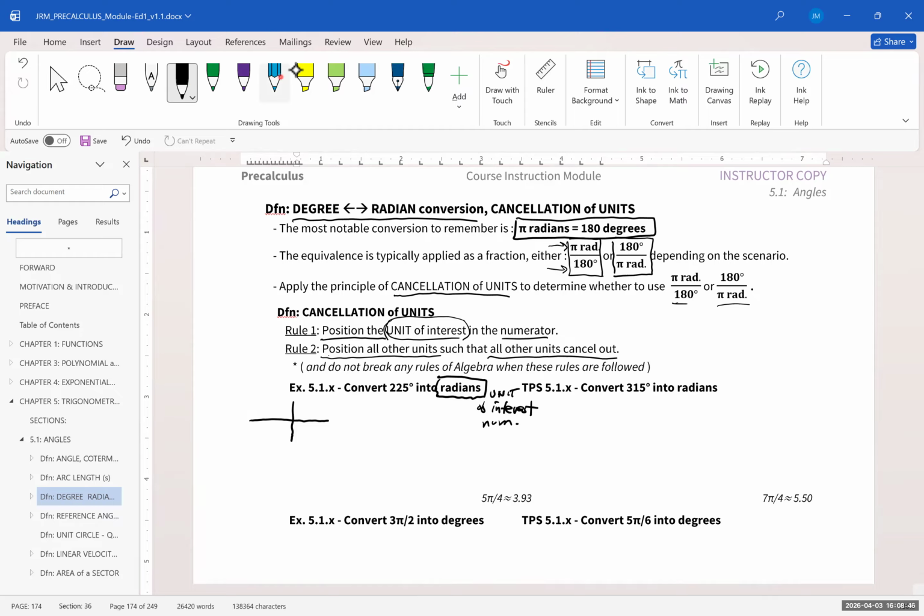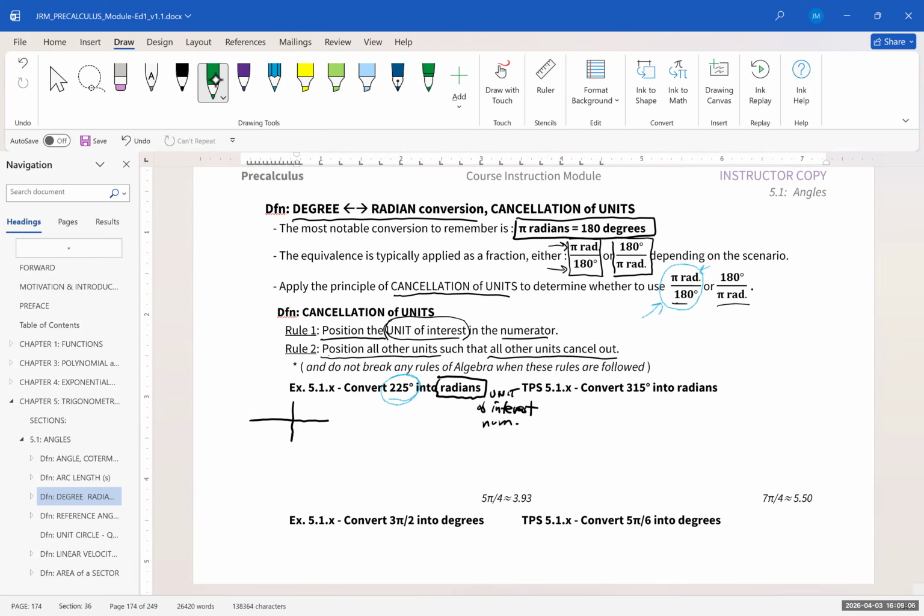Well, one of our givens is 225, but that's 225 degrees. The other one we have to work with is this fraction. And notice this fraction has radians already in the numerator.